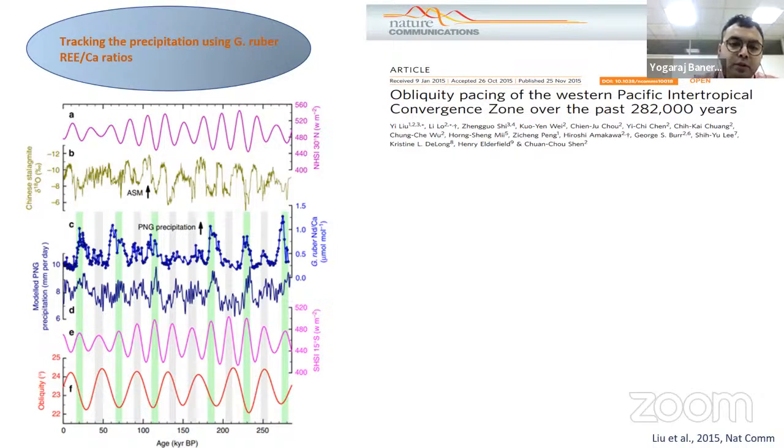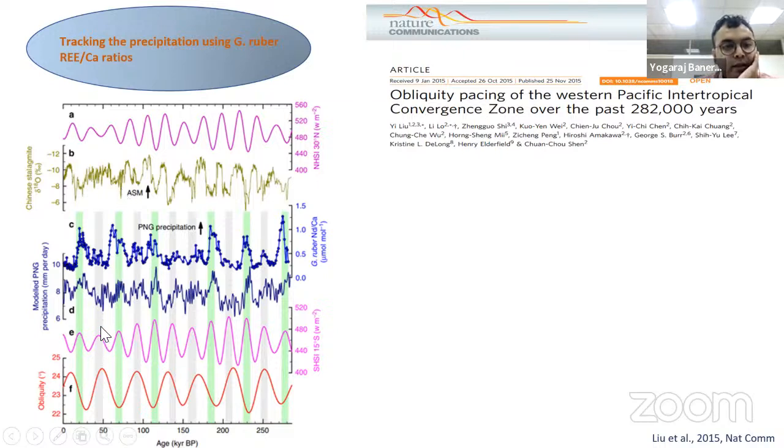So if the neodymium by calcium ratios in the ruber goes high, that means the precipitation is higher. During all these time intervals marked by the green bars, the southern hemisphere solar insolation is higher, and the neodymium by calcium ratios in the ruber shells are higher, indicating a higher monsoonal precipitation. However, this is not the case throughout.